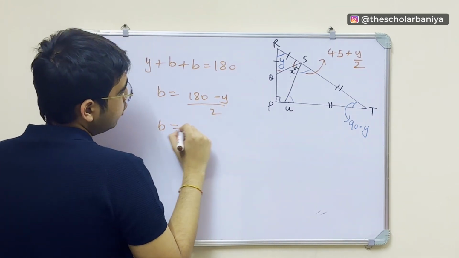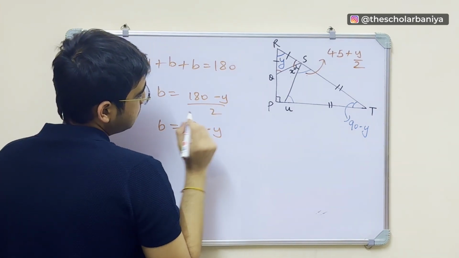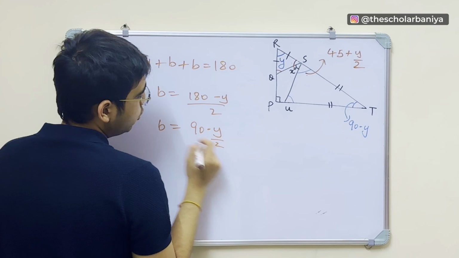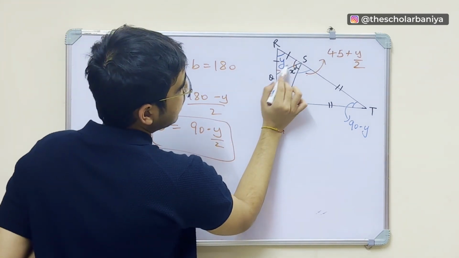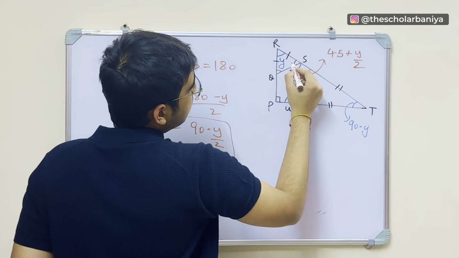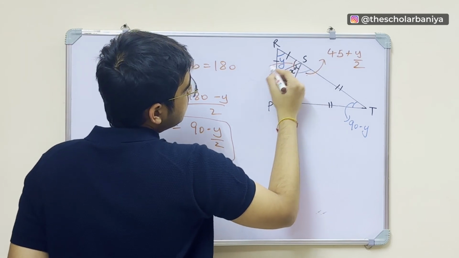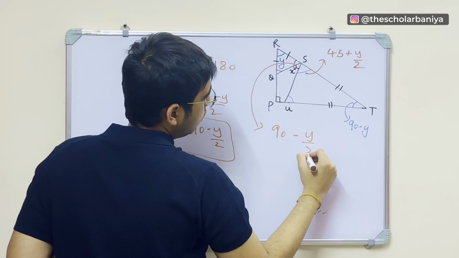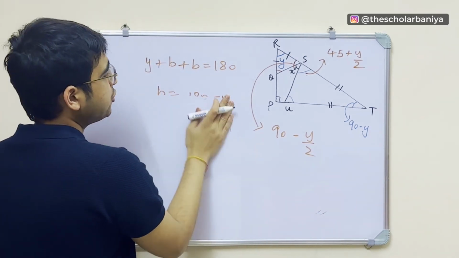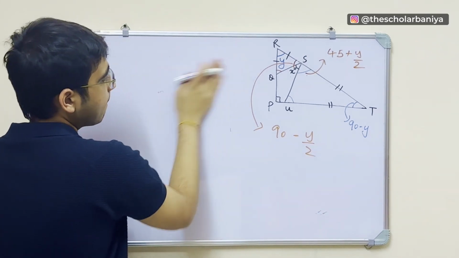So B comes out to be 90 minus Y upon 2, right? So this is B, which is this angle and this angle, right? So this angle is how much? This angle comes out to be 90 minus Y upon 2. I hope this should be very clear, right?